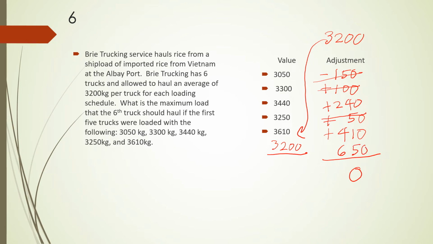This being positive, we offset that with negative 650, giving us the final value of 2,000. Okay, so that's equal to 2,550 kilograms. Okay, are we clear?